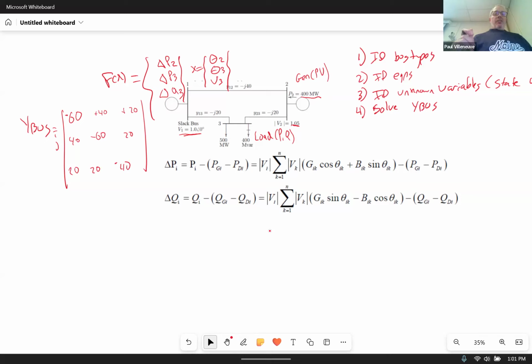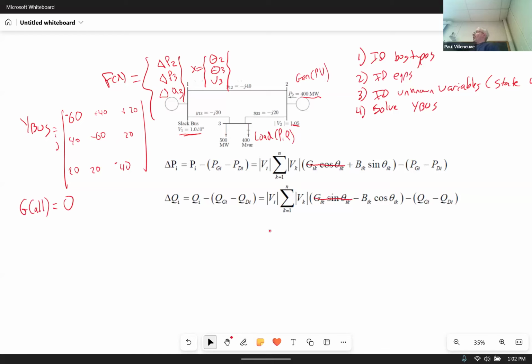Looking at Y bus, we can make an assumption or a calculation. Don't even have to make an assumption. We know that G for all cases is going to be equal to 0 because there are no real parts. So my suggestion, if you're still not sure, is to cancel out anytime I see my G term, because I know it's multiplying by 0.